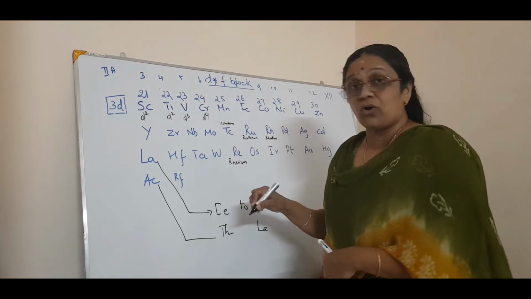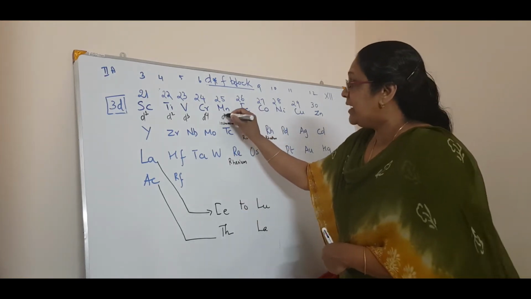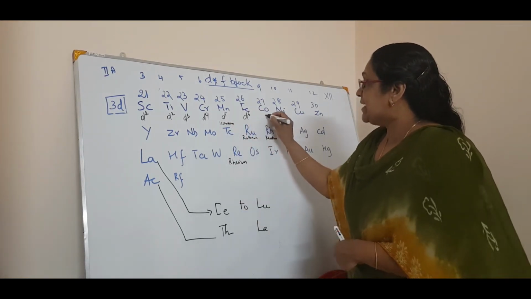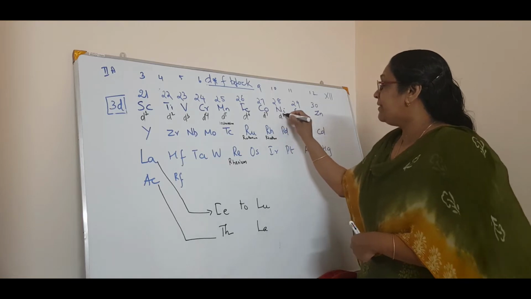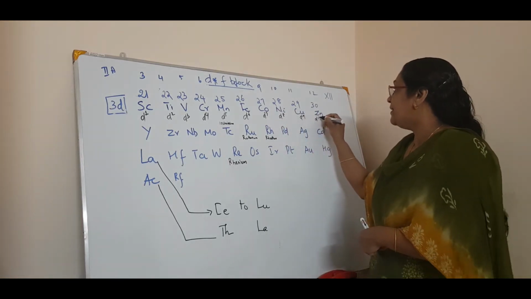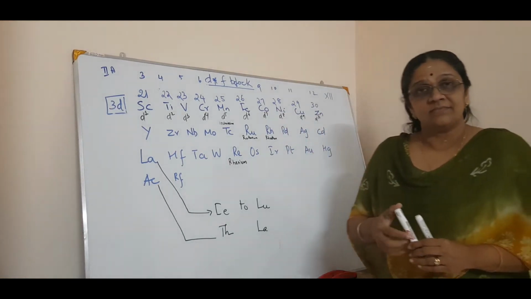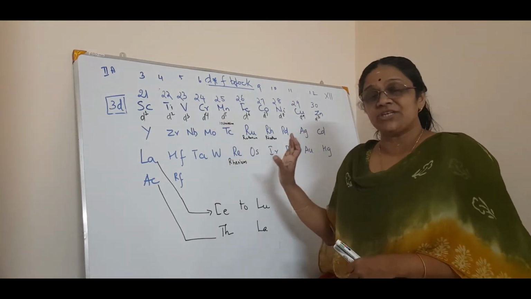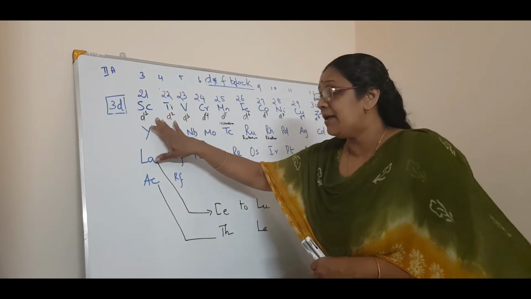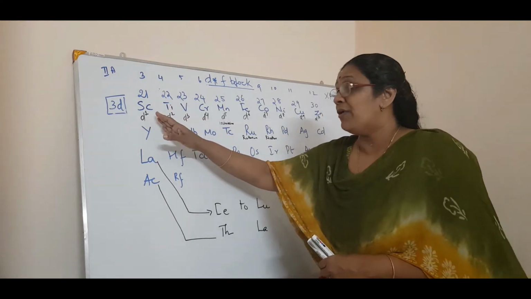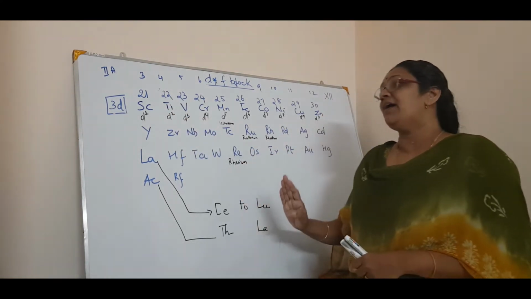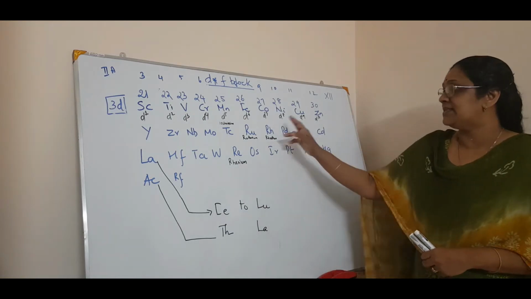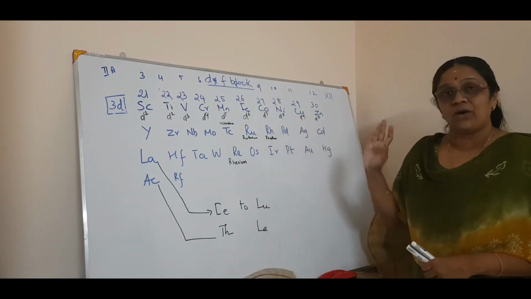Chromium is the d4 configuration, that is the fourth electron. d5 and d6, d7, d8, d9 and d10. Right? So this is the d configuration, or how many electrons are there in the d orbitals. Okay, that I wrote down.